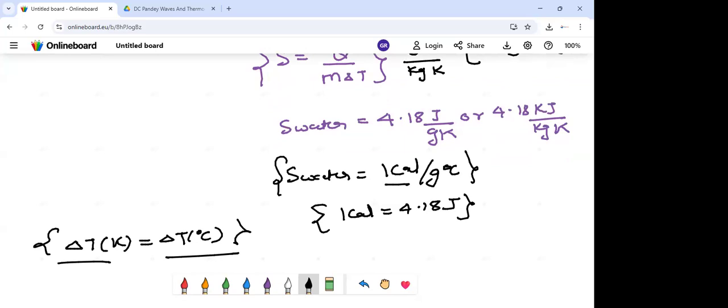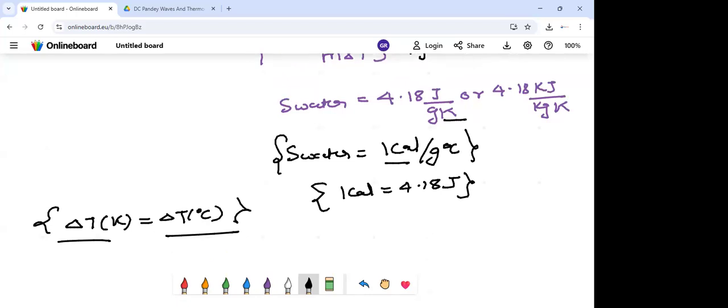So for heat calculation, we take delta T. So it doesn't matter if you take change in temperature in degree Celsius or in Kelvin. If there is absolute temperature, then obviously you have to put in Kelvin. Then we can't put it in degree Celsius, the answer will change. But since we are using delta T, change in temperature or rise in temperature, it doesn't make any difference if you take the delta T in degree Celsius or Kelvin. Is that clear? But standard unit is Kelvin only.